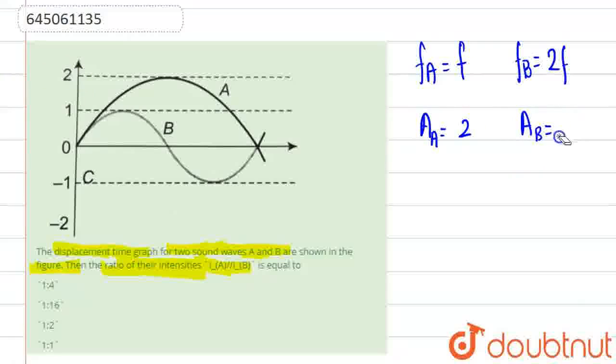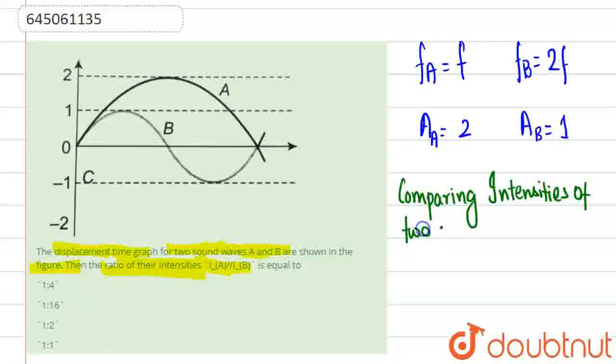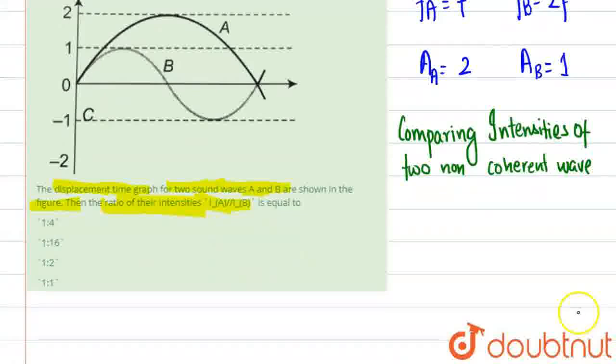Now if we compare the intensities of two non-coherent waves, the ratio is given by I1 by I2.